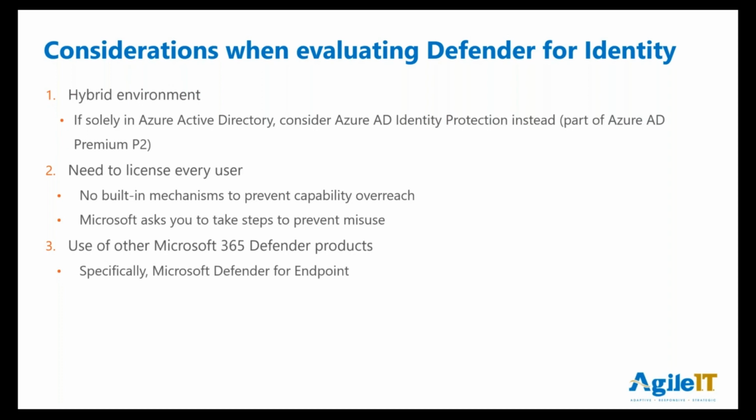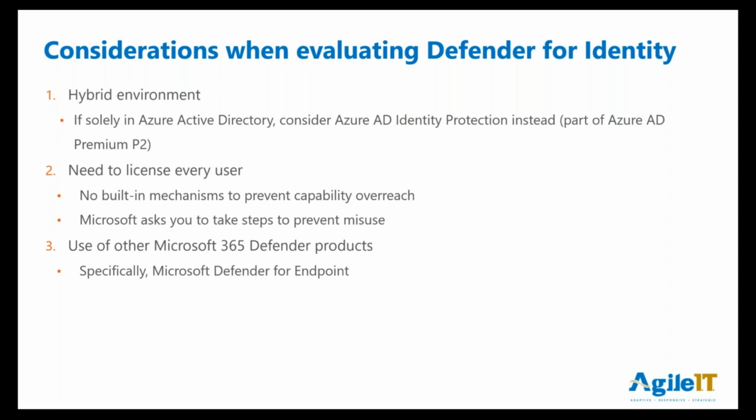Next, you will need to license every user. I know this question came up last time for endpoint, specifically for Defender for Identity. One of the challenges here is that once you have a user with that capability, even if you have an admin with Microsoft 365 E5, there are no guardrails to prevent that capability spread, but Microsoft lays the responsibility with you to make sure that you are not using it beyond your licensed users.